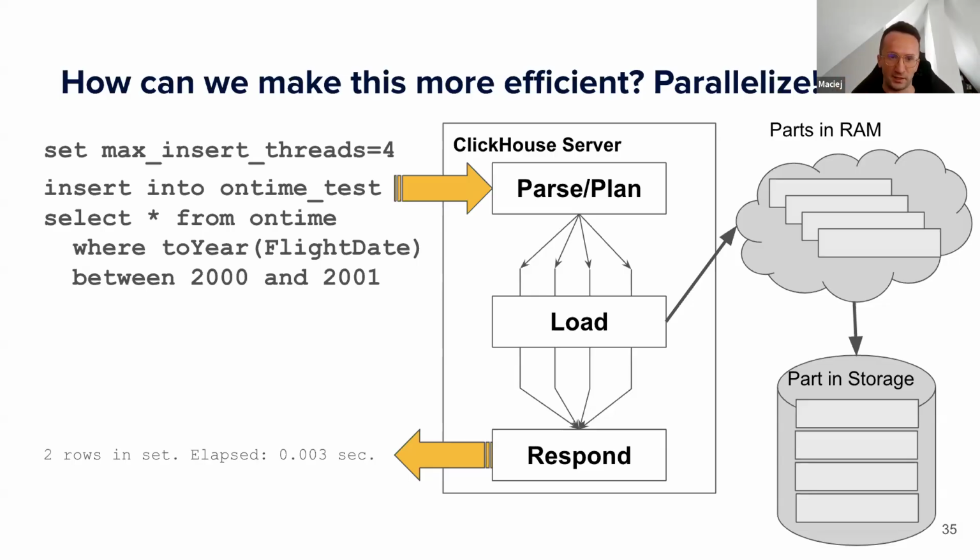This particular setting applies only to INSERT INTO SELECT. And for the plain insert, like INSERT INTO from CSV or TSV, those are also parallelized by input format parallel parsing, which is also enabled by default.